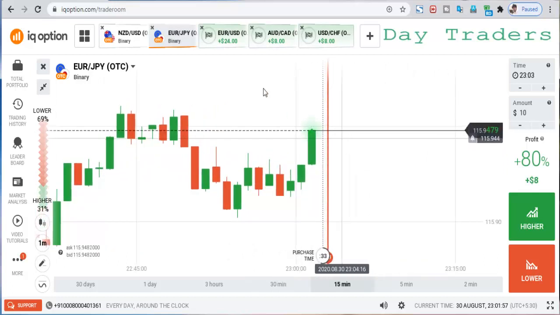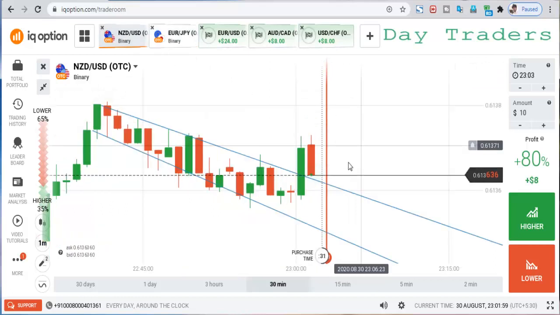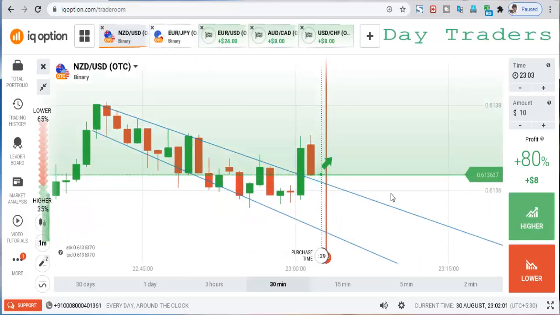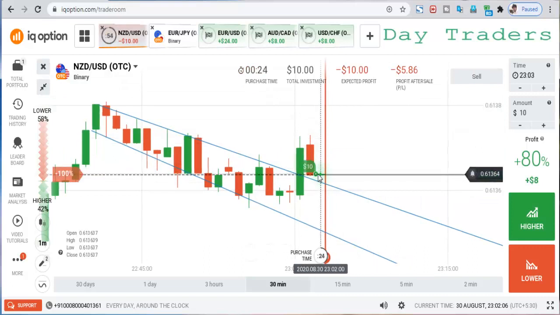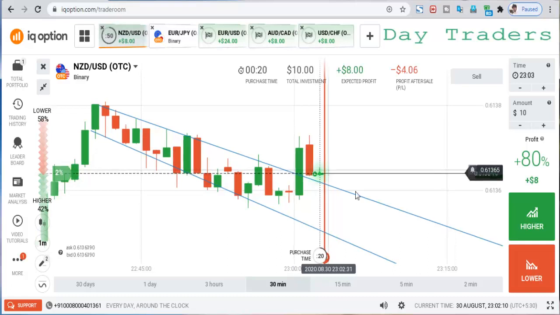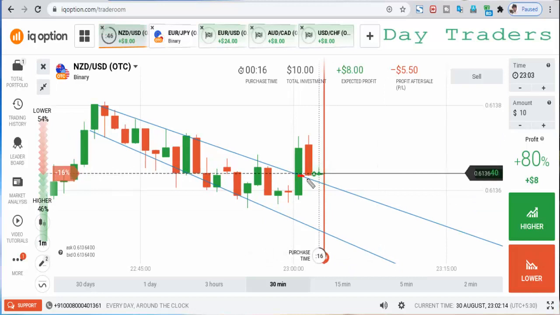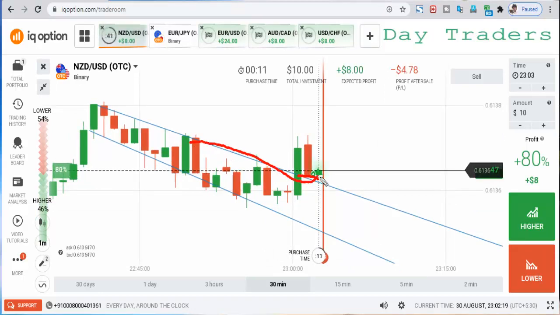Okay, I will place a higher option. This candle closes at the resistance level, and this resistance level turned into a support level. So that's the reason I will place a higher option.